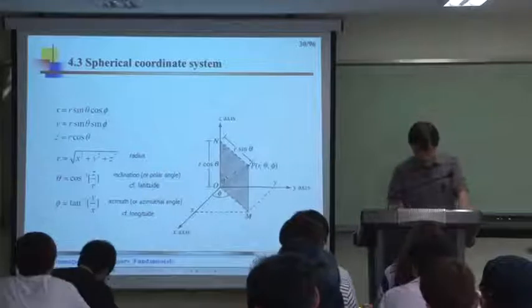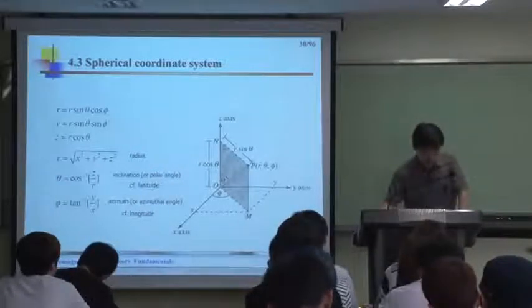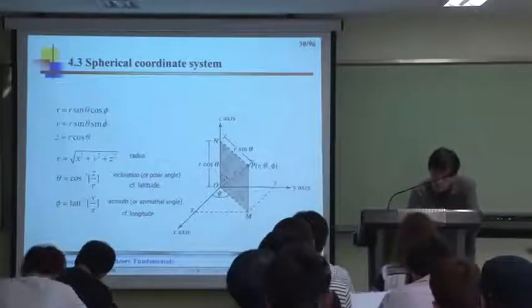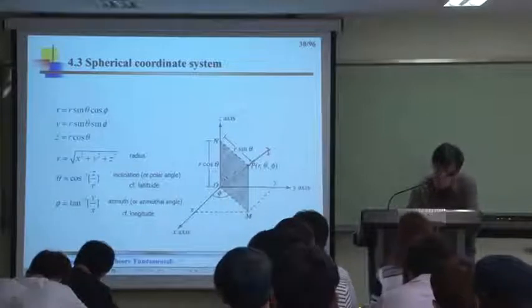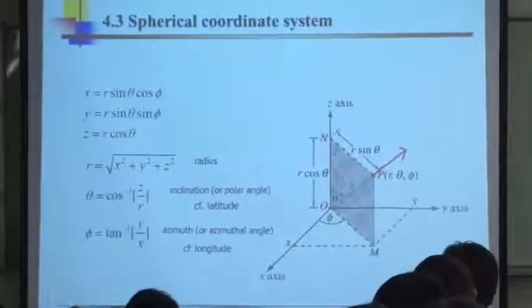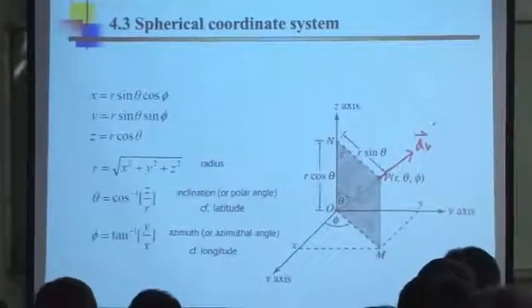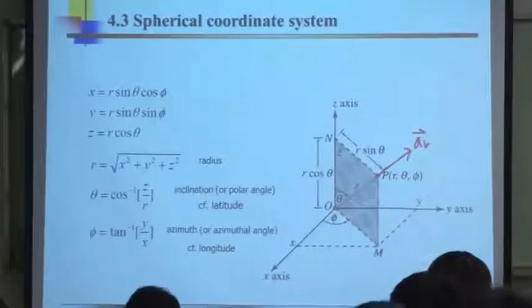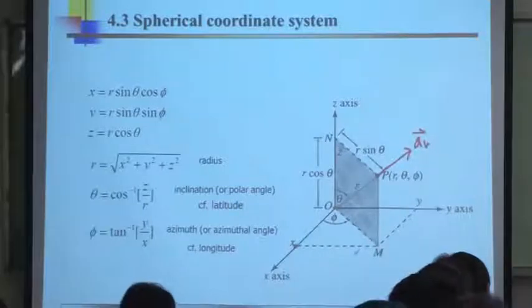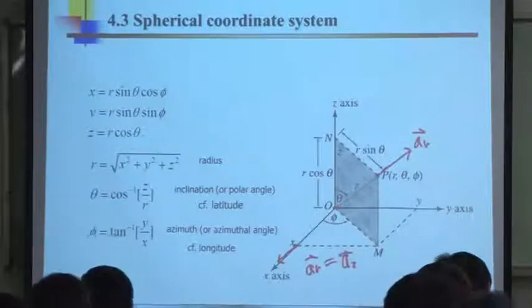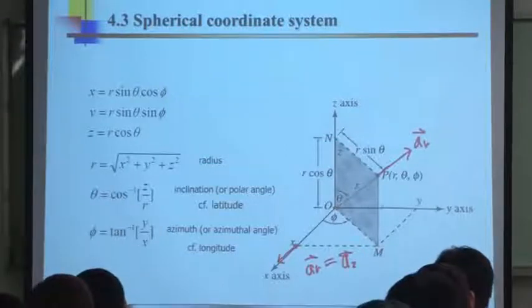So, for example, let's think about the AR vector. The AR vector is pointing in the outward direction from the origin point. If the point is on the x-axis, then the AR vector should be the same as the AX in the case of this point.